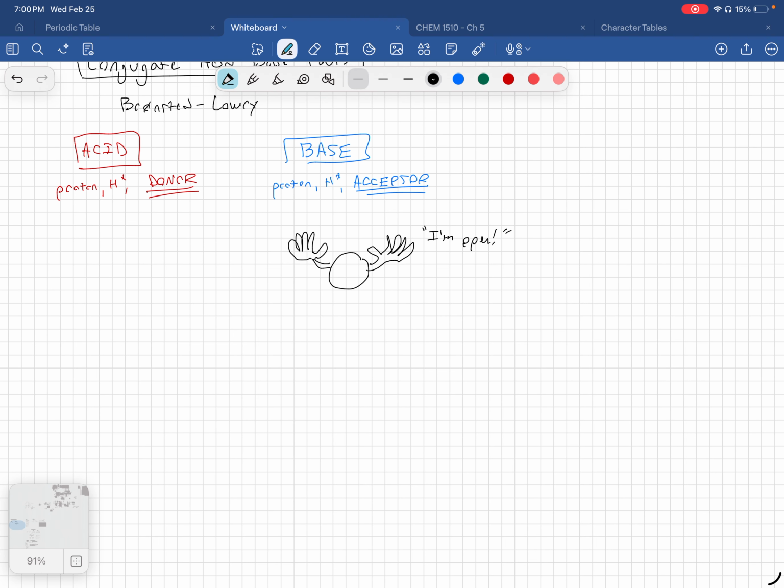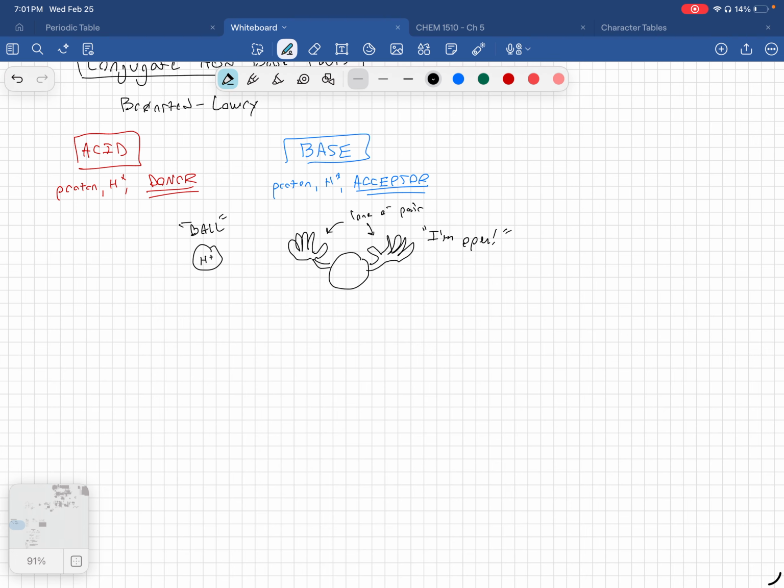So think of Bronsted-Lowry bases as people with their hands free. Think of these hands as the lone electron pair, ready to catch the ball, which is our H+.